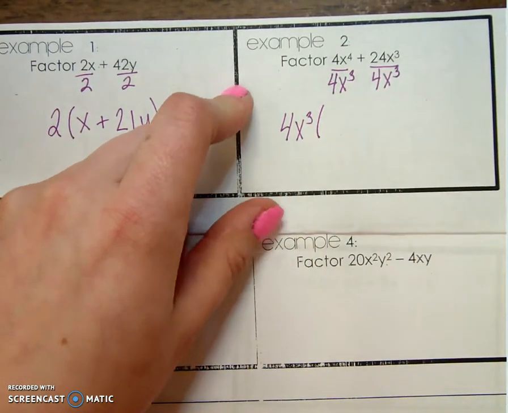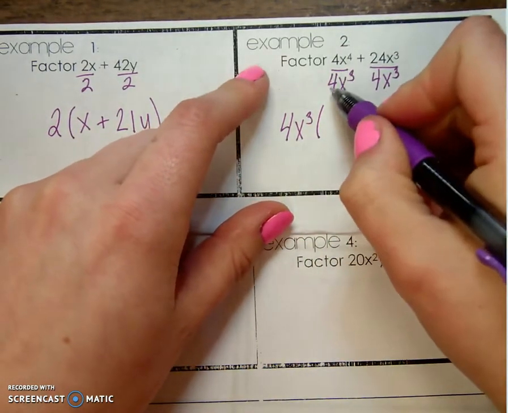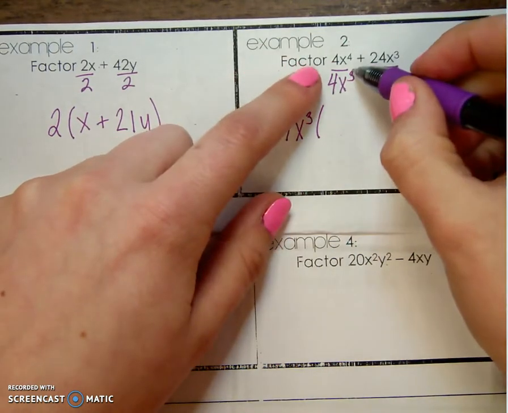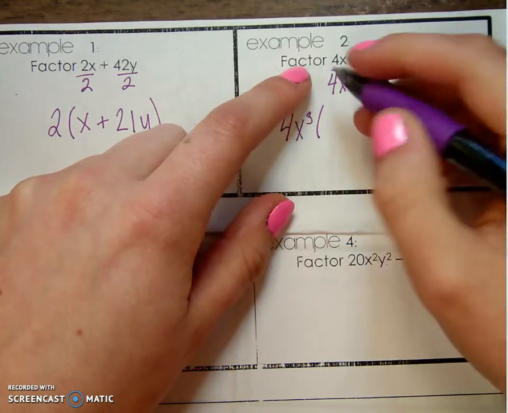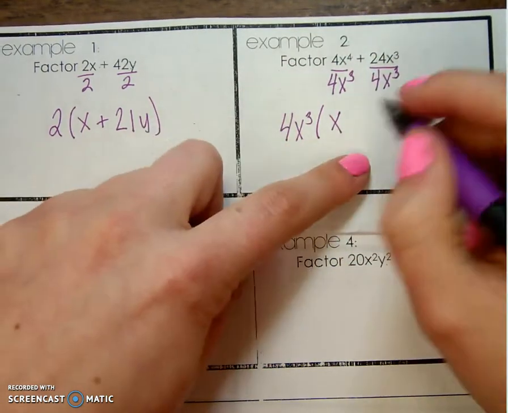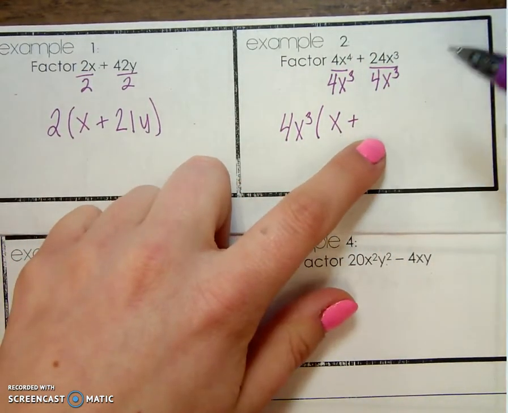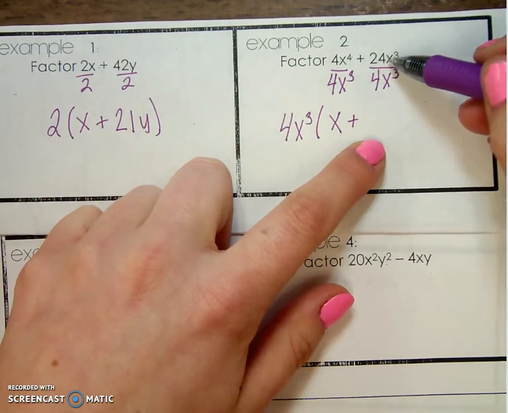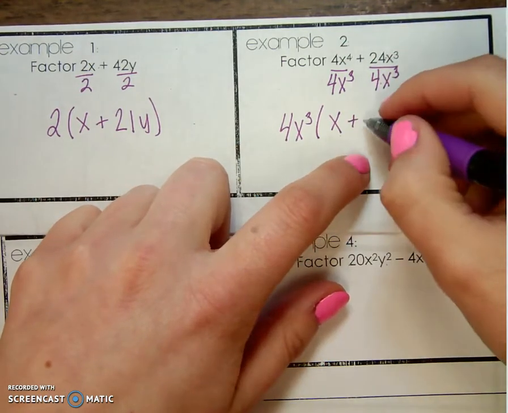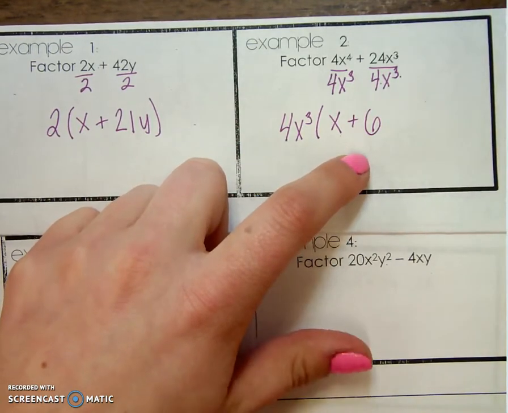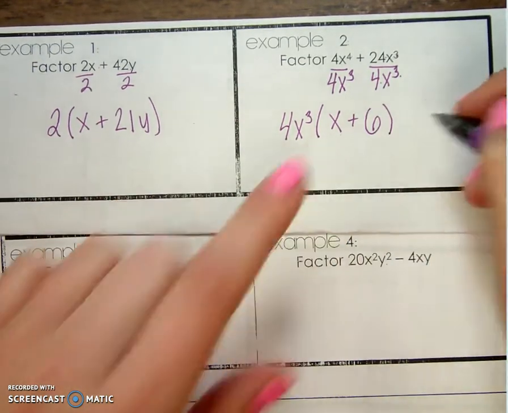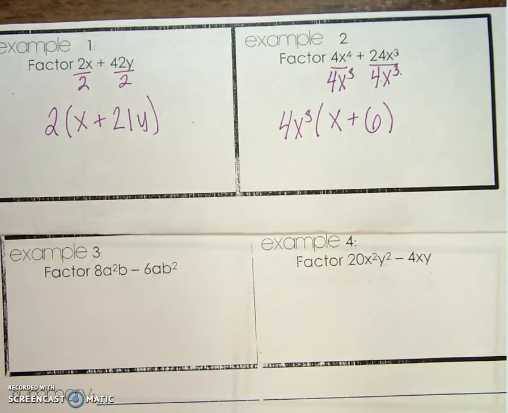And then my binomial has, well, 4 divided by 4 is 1. And here's my quotient rule. Subtract your exponents. 4 minus 3 is 1. So there's just 1x there, plus 24 divided by 4 is 6. And 3 minus 3 is 0. There's nothing left. There's no x's left on that second part of the term.